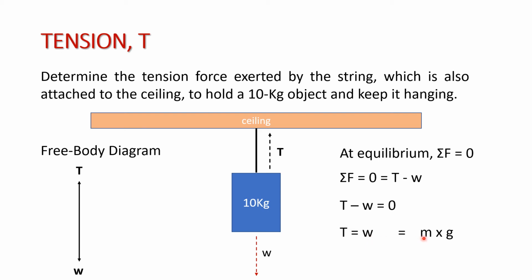Weight is the product of mass and the acceleration due to the pull of gravity, or that is g. So that means multiplying the mass of 10 kilograms to 9.8 meter per second squared, that is the acceleration due to the pull of gravity, we will have a weight equal to 98 newtons, which is also the value of the tension.